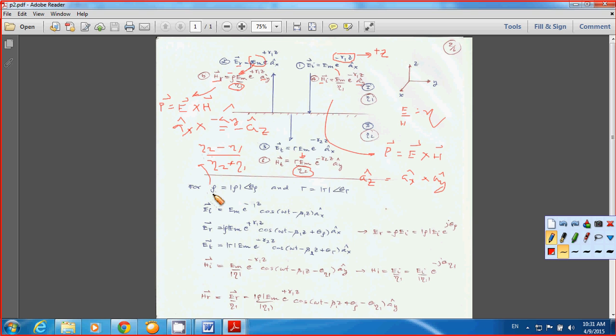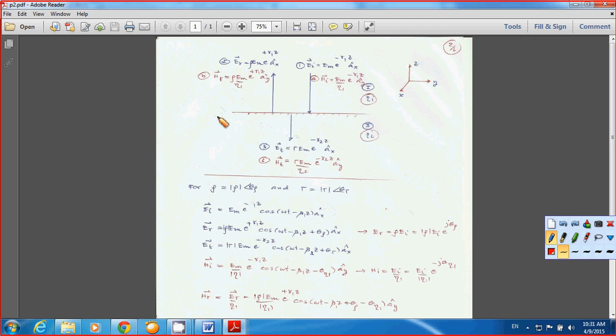So your reflection coefficient can also be a complex number, and can be written in the form of the magnitude of the reflection coefficient and the phase angle, and also the transmission coefficient is equal to the magnitude and the phase angle. Okay, so you have some idea about how the fields are related to each other.